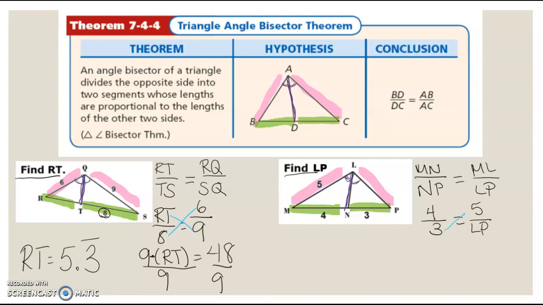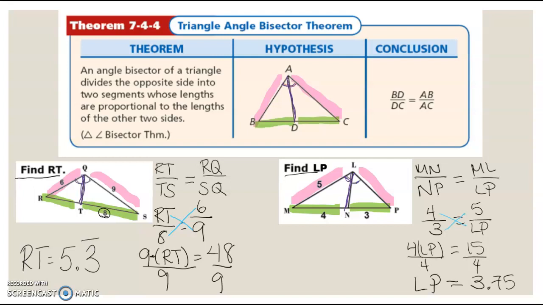So again, we will cross multiply. 4 times LP is 4 LP, and 3 times 5 is 15. Divide by 4, and we get LP is 3.75, or 3 3/4.